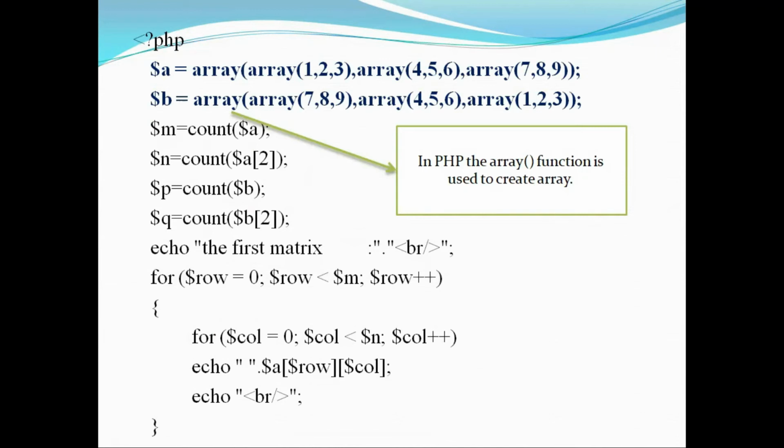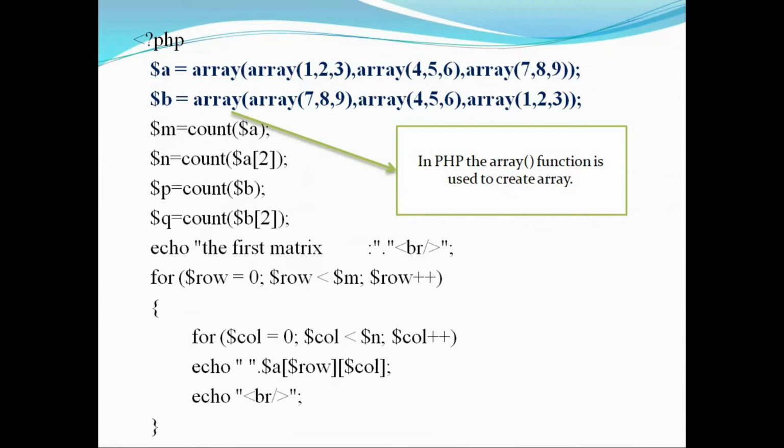The array function is used to create an array, and there are three different ways of creating arrays in PHP: indexed, associative, as well as multi-dimensional arrays, that is arrays containing one or more arrays. We are discussing the multi-dimensional arrays, that is two-dimensional arrays, having both rows as well as columns.